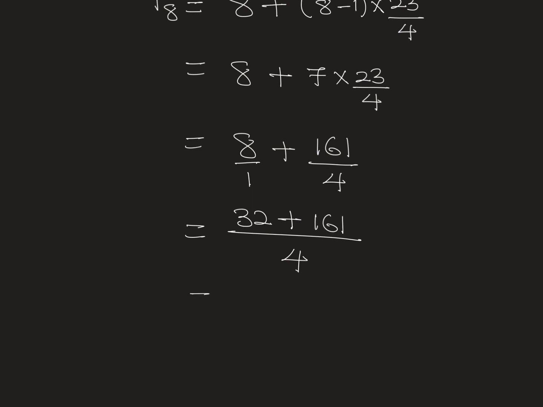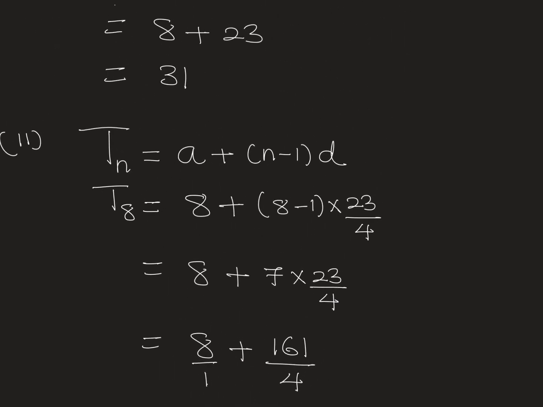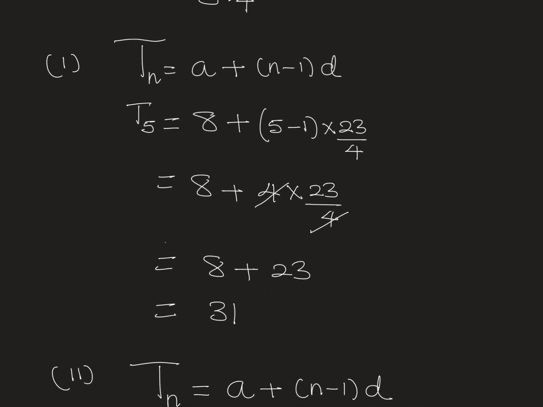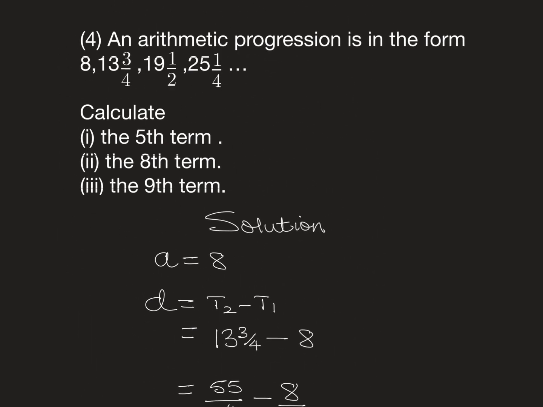So we're going to have 32 plus 161, which is 193 over 4. And if you simplify that, 193 divided by 4, you will have 48 whole number 1 over 4. That is the answer to the second question, which asks us to find the 8th term.